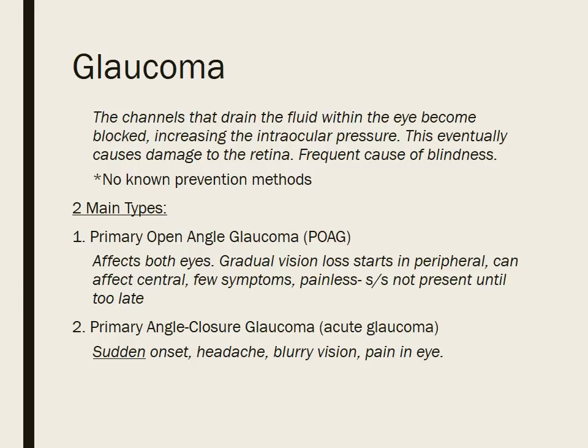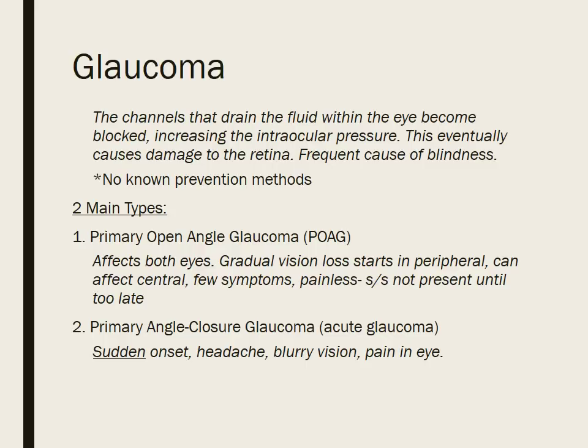Now this usually affects both eyes. There aren't any early signs and symptoms because it happens slowly. There's a gradual loss of visual fields that patients often don't notice because at first their central vision isn't affected. That comes later. Sometimes they might have foggy vision. They might complain of eye aches or headaches, right?